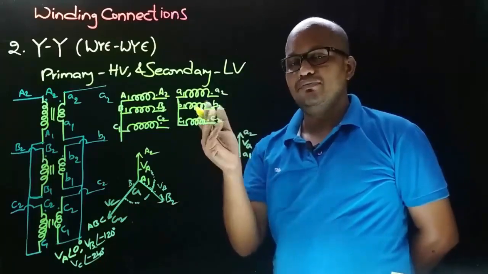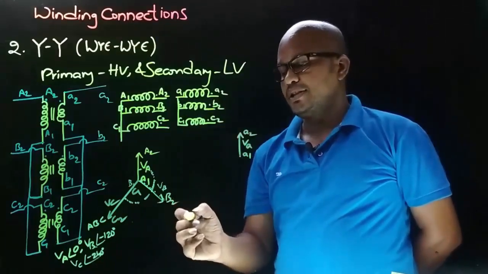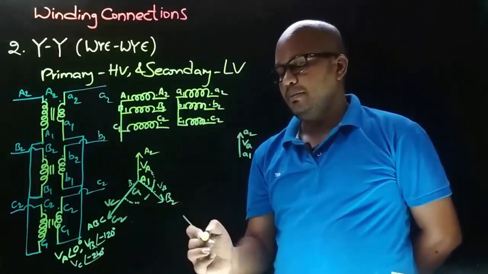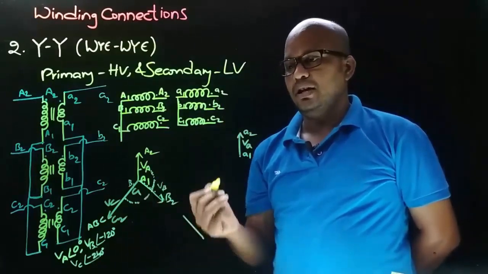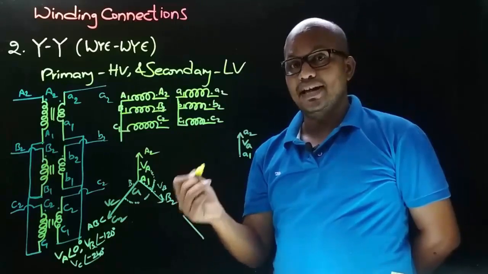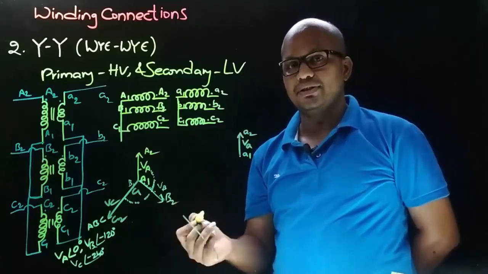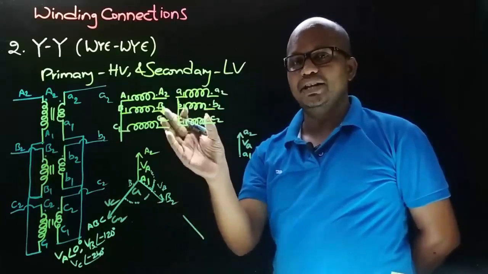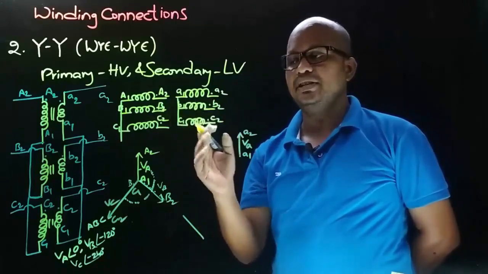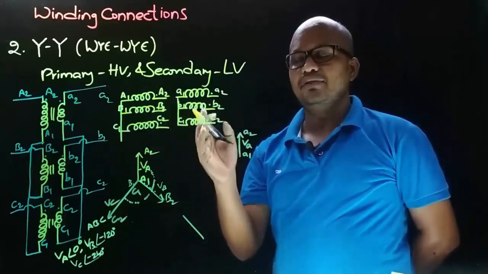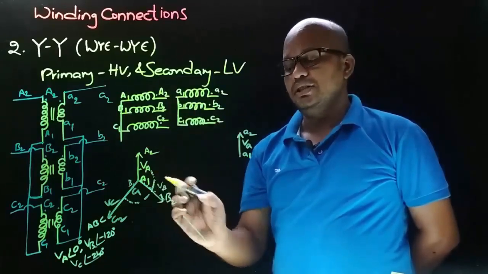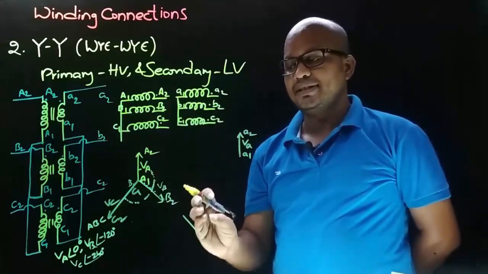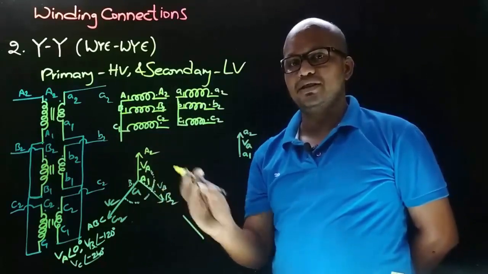And now let's draw the VB phasor. So first let's draw the phasor parallel to primary side VB phasor, and now we need to decide the direction of secondary side VB phasor. So observe the winding connections on primary side and secondary side. On primary side and secondary side we took the connections from dotted terminals, means here the secondary side phasor direction will be same to that of the primary side phasor direction.